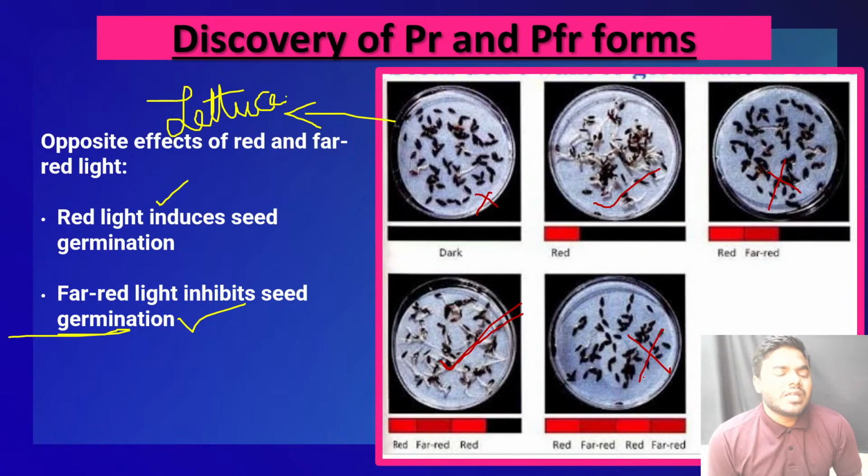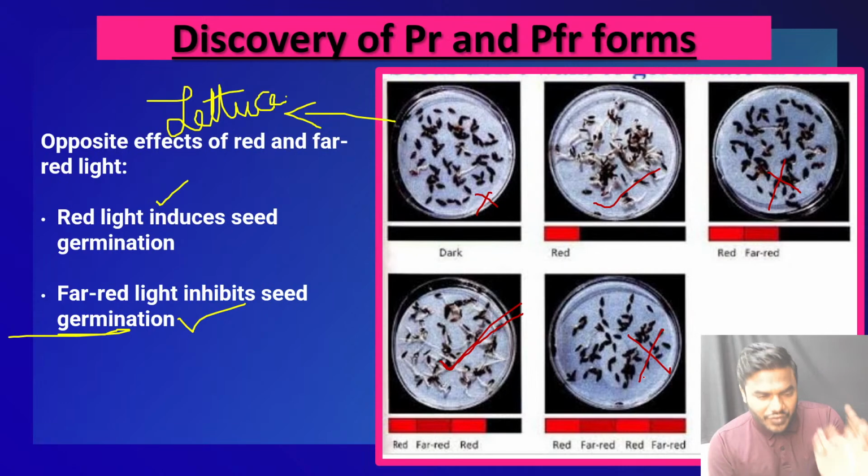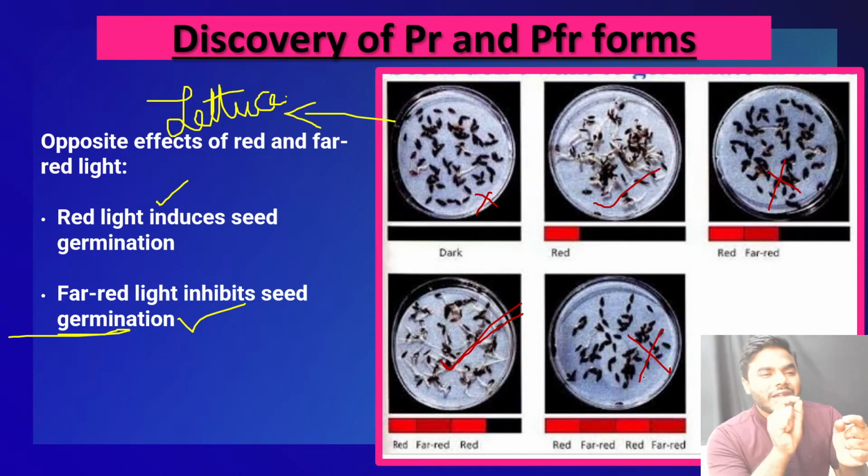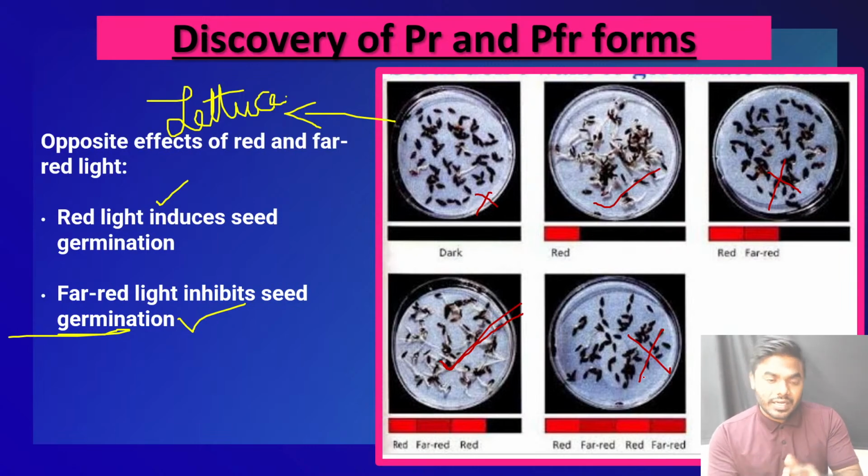So friends, what is the common statement that every one of you can understand here? Listen to me carefully. Whatever function is performed by the red light is basically cancelled by the far red light. Vice versa, whatever function is performed by the far red light is cancelled by the red light.